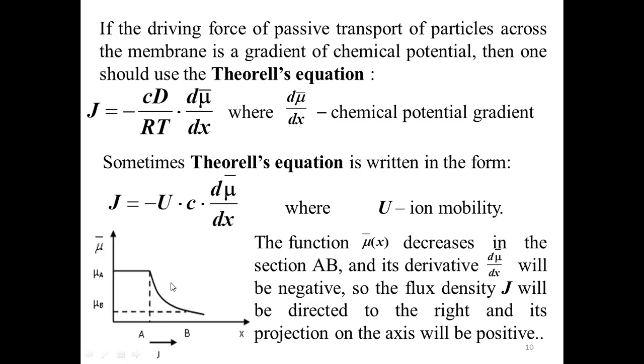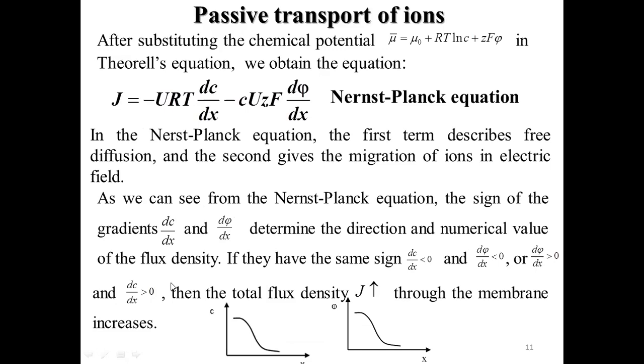Then, if we consider the chemical potential for an electrolyte solution in the presented form, we obtain the Nernst-Planck equation with two terms.